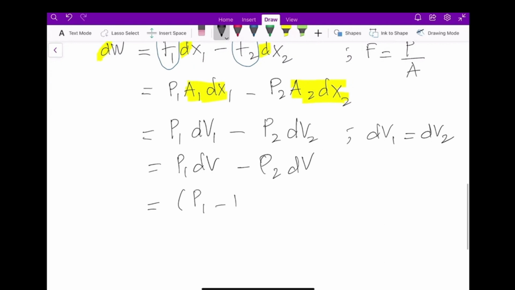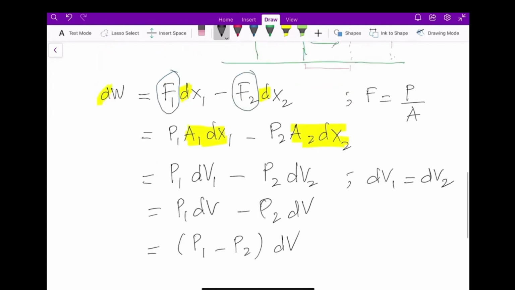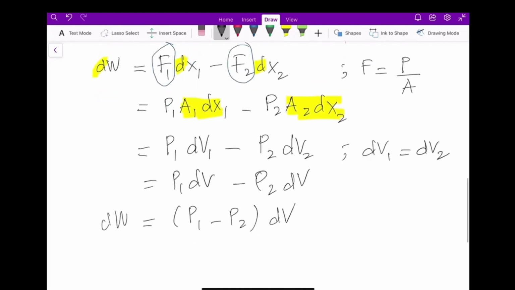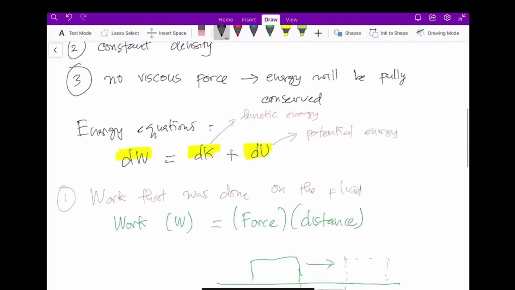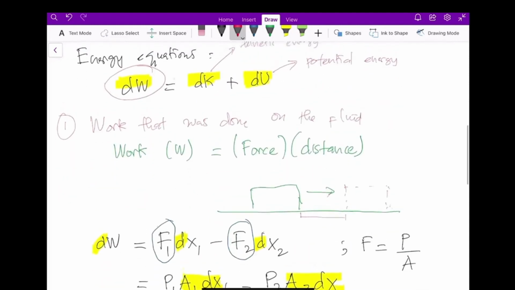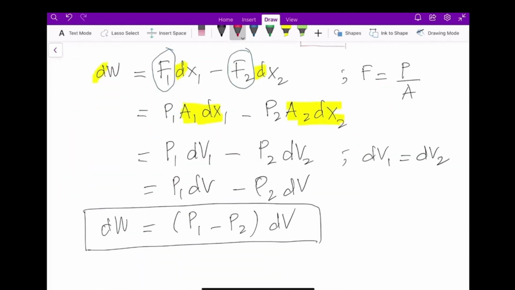We have P1 minus P2 multiplied by dV. So we will leave this expression. Basically, we know how to quantify the change of the work for this type of system. So we've finished the first term that appears in this energy equation. Any question up to here before I proceed to the second term? Any question?